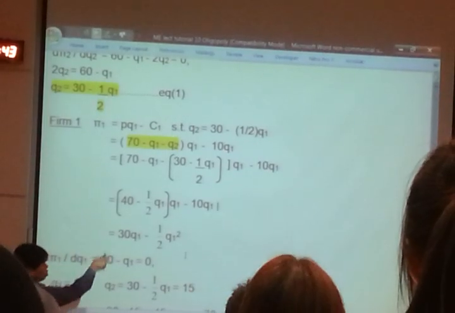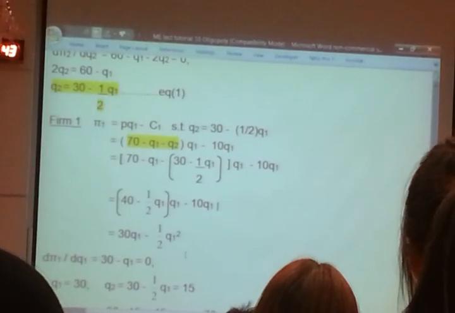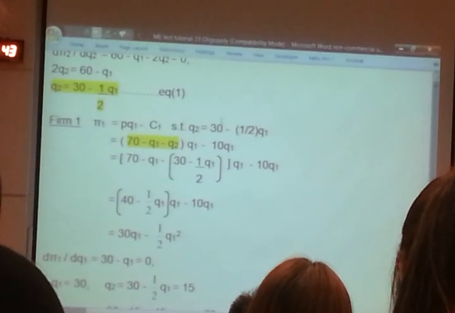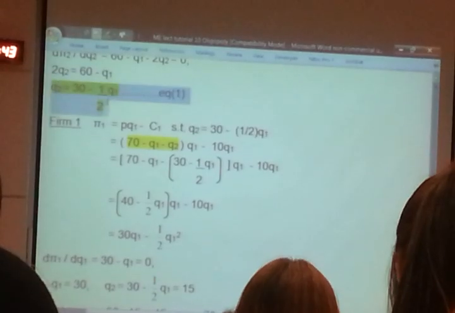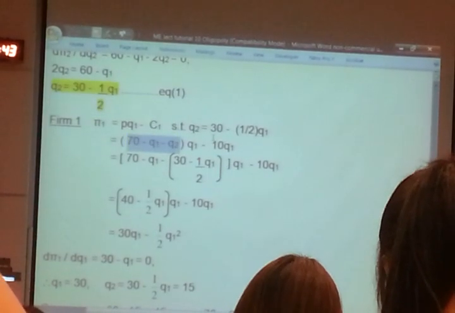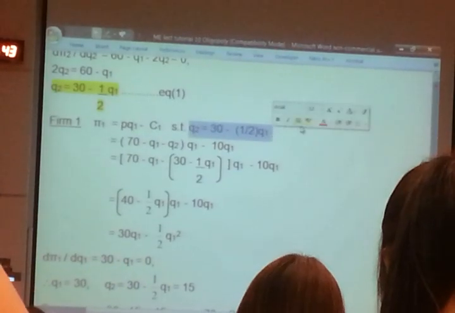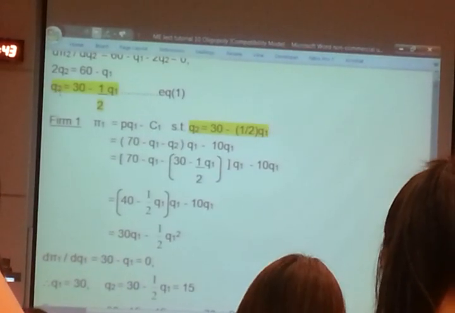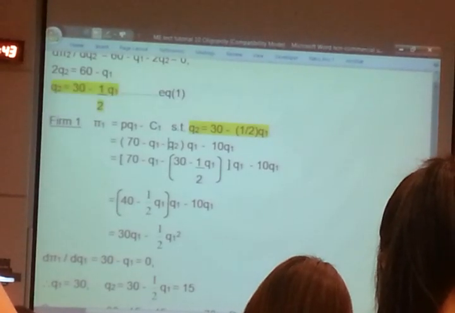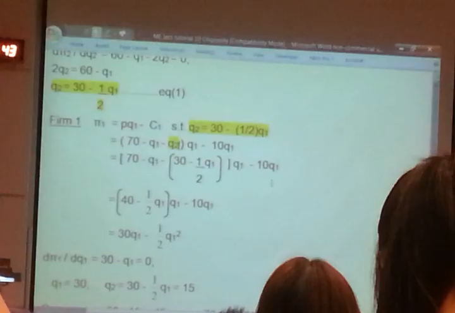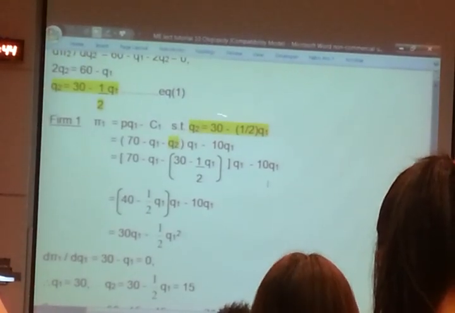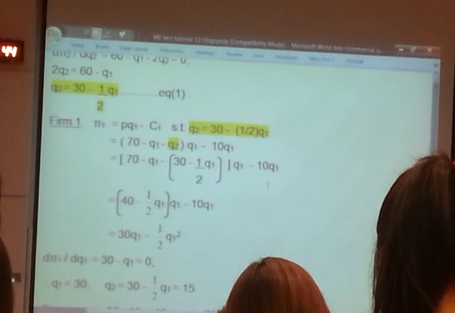So you cannot leave it as Q2. You have to make sure it is subject to the condition that this is true, equation 1. So Q2 is a function of Q1. So put this inside here. That's how you get here.